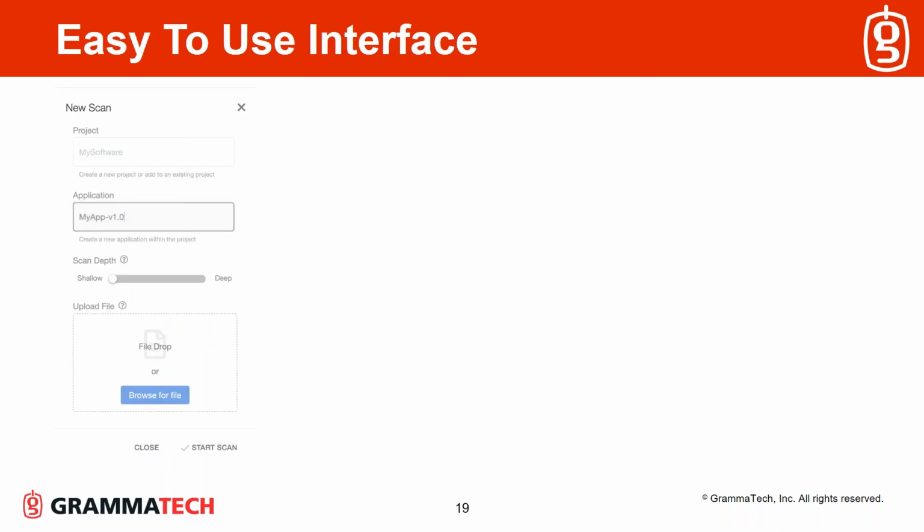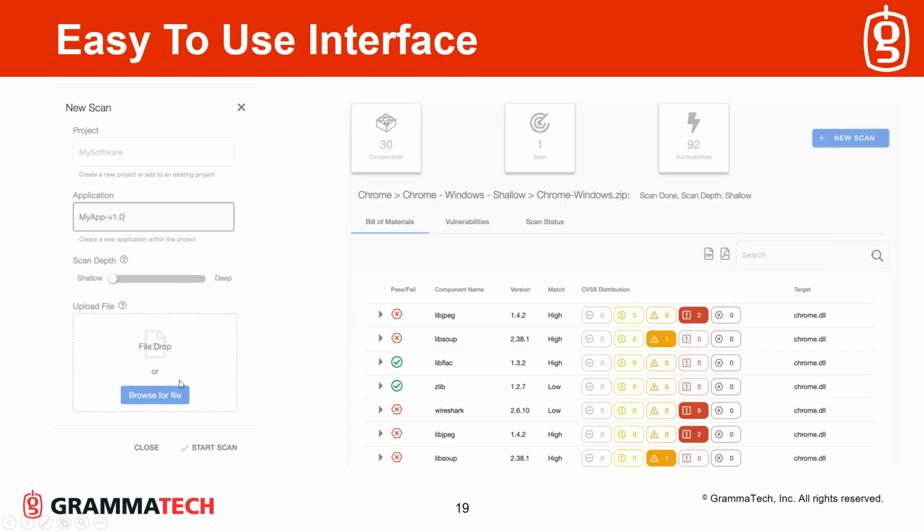So it's quite easy to use. I will show this in the demo, but you basically put up a file that you should scan, and then you get a result, and then you can see what's inside the result.